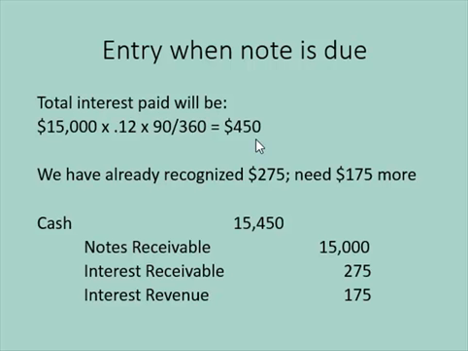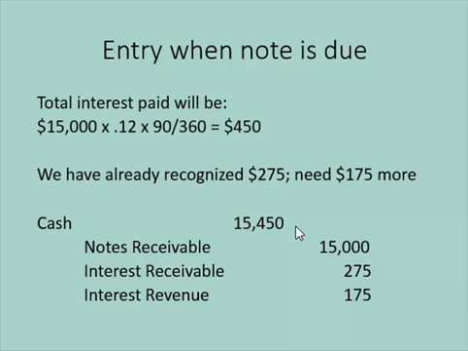And here we've calculated that 90 days worth of interest is $450. Since we've already recognized $275 in interest revenue in the previous fiscal year, we only need to recognize $175 more in interest revenue. So our entry will look like this.